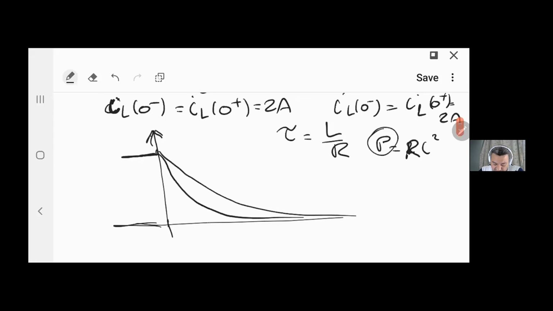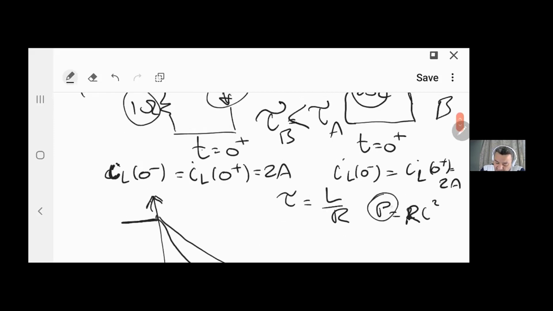The tau is different. So if you look at the power, this is the power that defines the dissipation. It equals Ri squared. They dissipate the same energy, but at different rates.